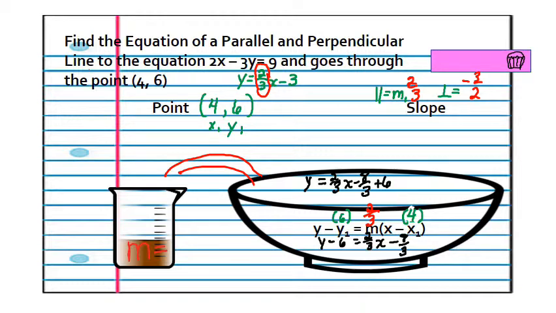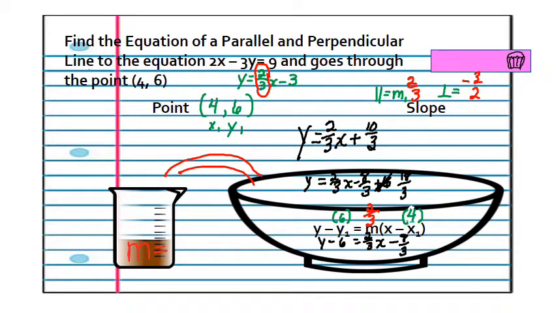And so our final result in our cake here is going to be y equals 2 over 3x, and 6 is the same thing. We can put it into thirds here as 18 over 3. So minus the 8 is going to give us a positive 10 over 3. And there's the equation of our parallel line.